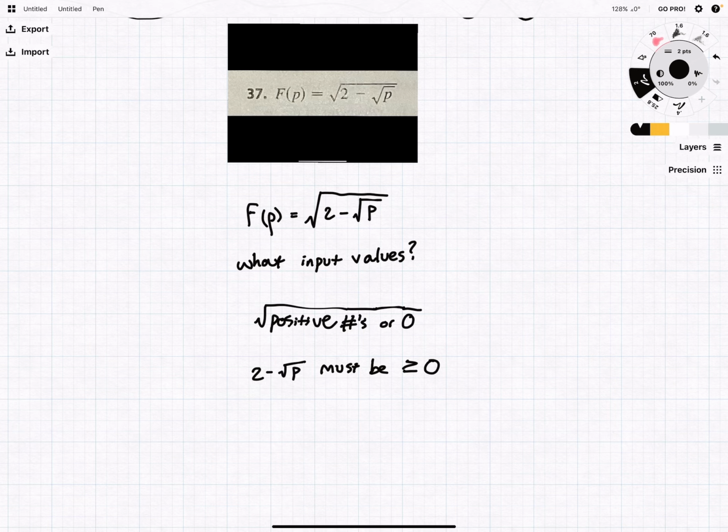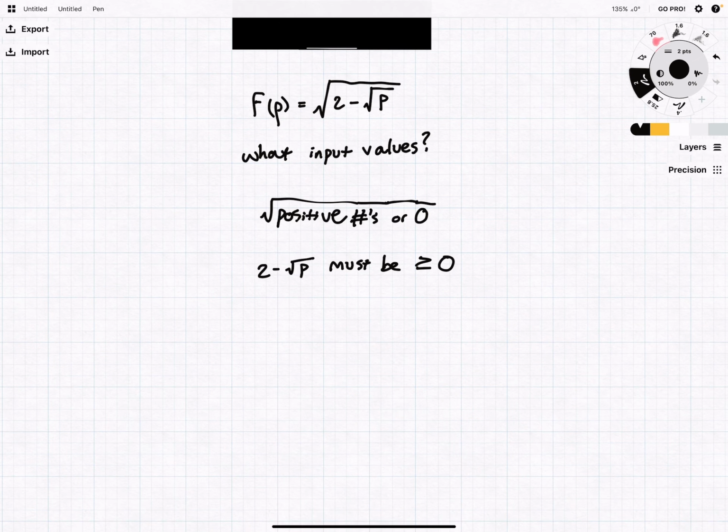So in order for 2 minus root p to be greater than or equal to 0, let's figure out what makes it 0. So 2 minus root p equals 0, right? So we'll add root p over, and then we'll get 2 equals the square root of p.